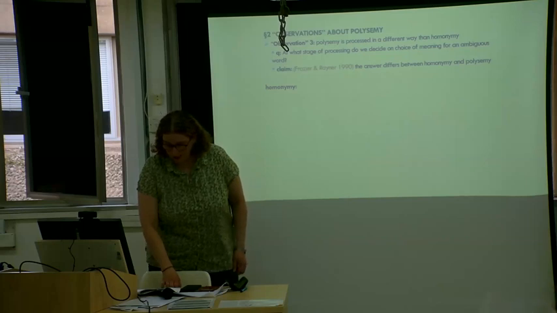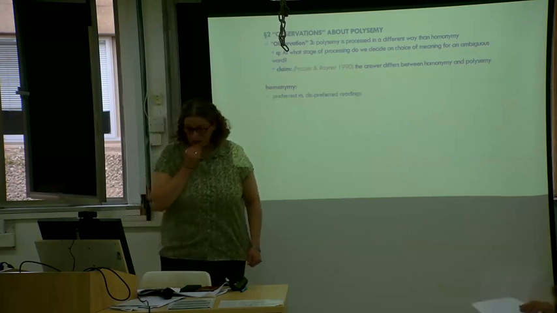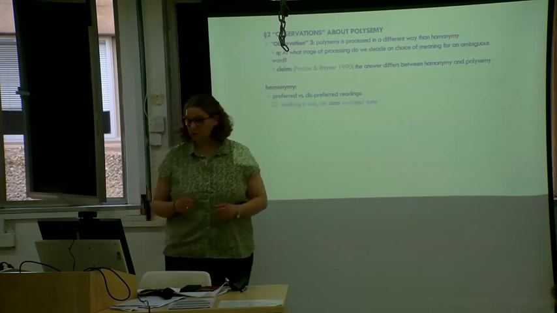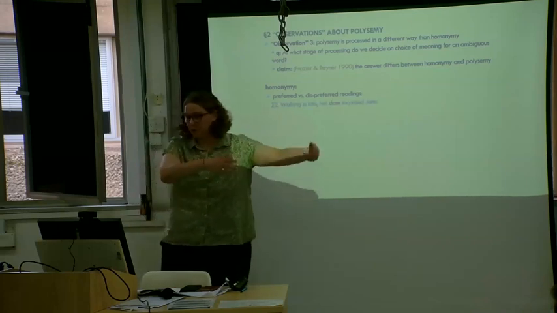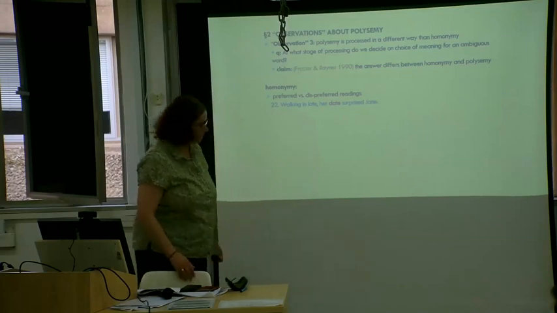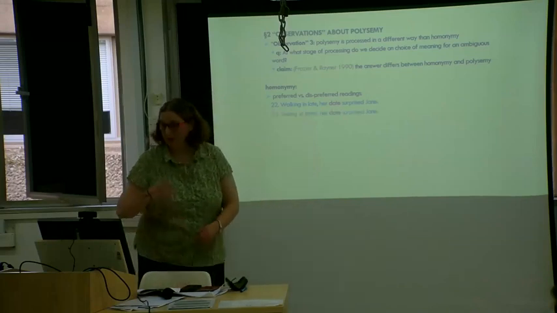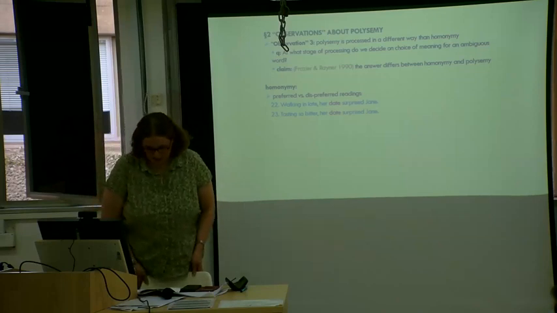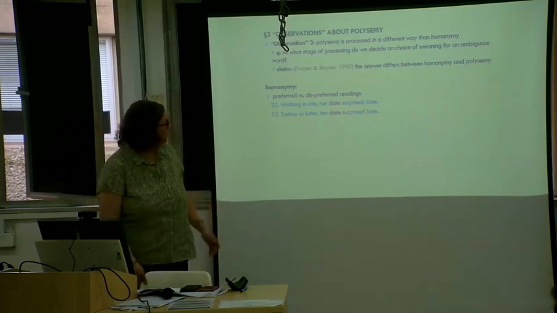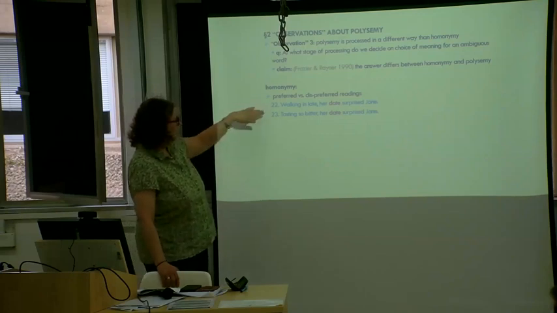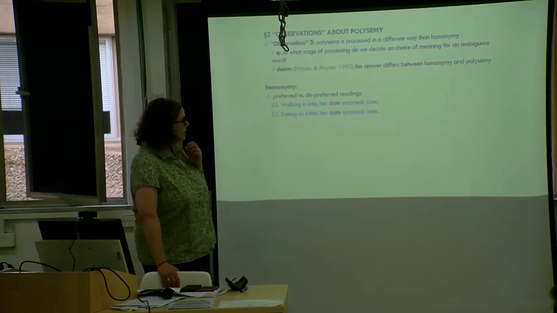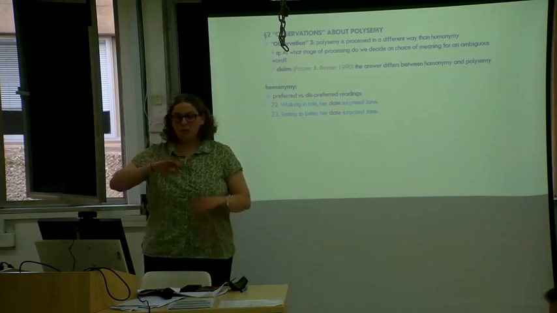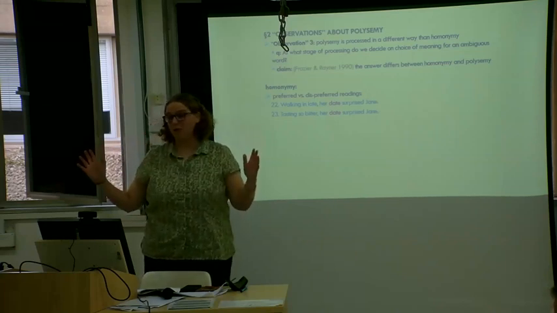First, they took a homonymous word. Let's take date, which can be used in the going out sense, someone you're going out with, which we can see in 22, versus the kind of food sense, which we see in 23. So they have these two different sentences that disambiguate date in different ways. They also had some measure of which of these two readings speakers will go to by default if you have no disambiguating context.